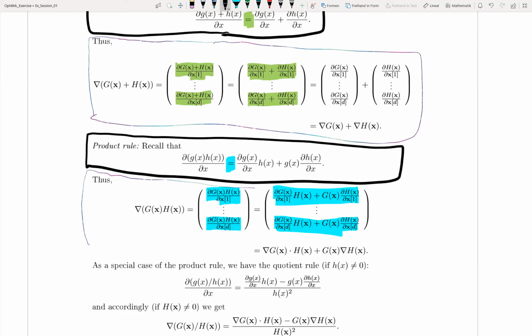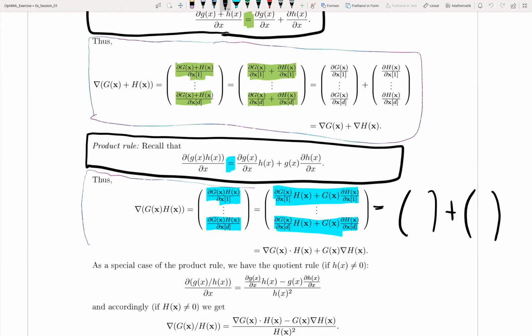Again, making use of linearity of the d-dimensional real-valued numbers. So what you could first do is write it as a sum of column vectors, where you have in the first column vector this first part, and in the second column vector this part.